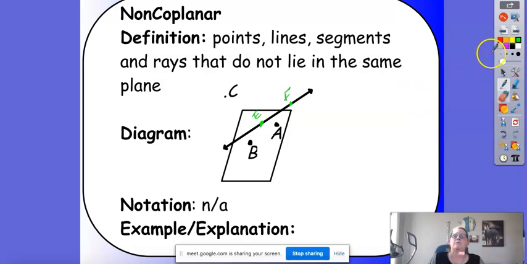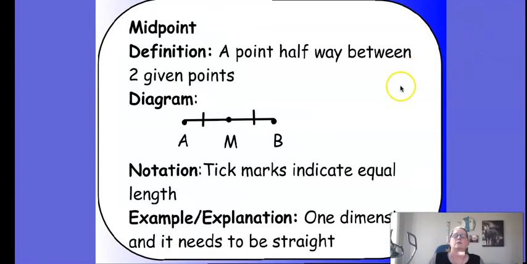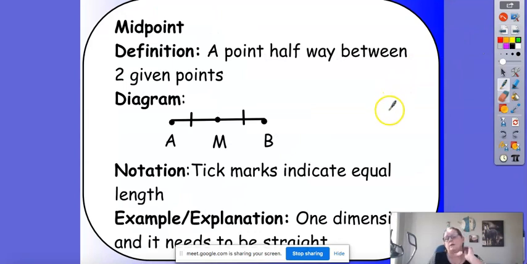Gonna go to the next slide. A midpoint. A midpoint is just a point halfway between two given points. So if I have this line segment AB, and I say here's M, and M is a midpoint, what are these little tick marks here?